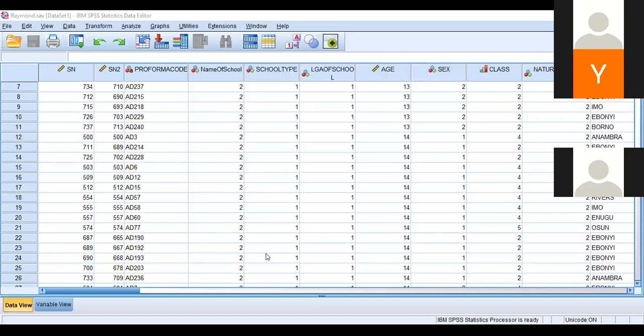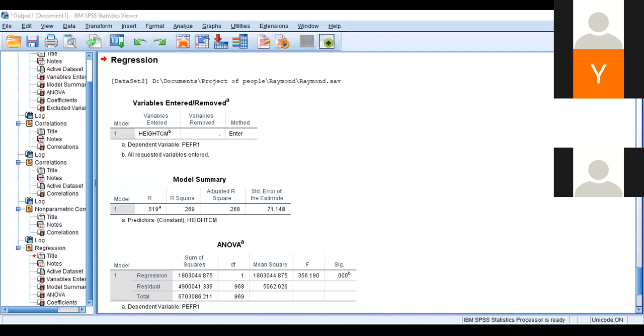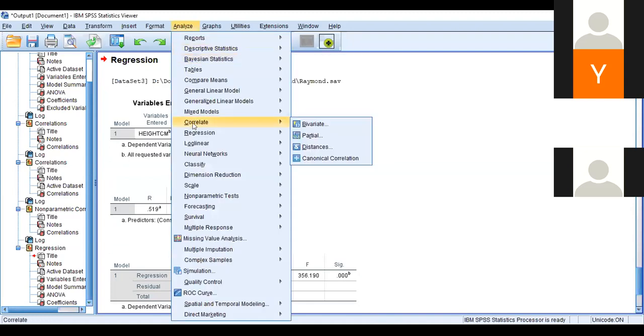Let me share the results. Can you see the result? Can you see the R square 26.9? So don't worry, this is clear.